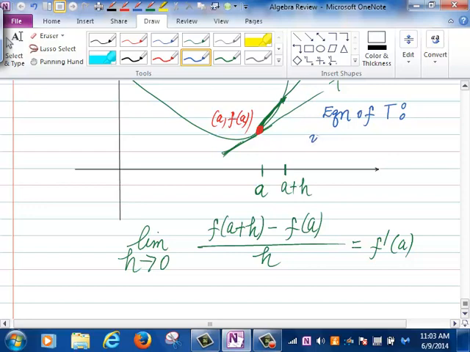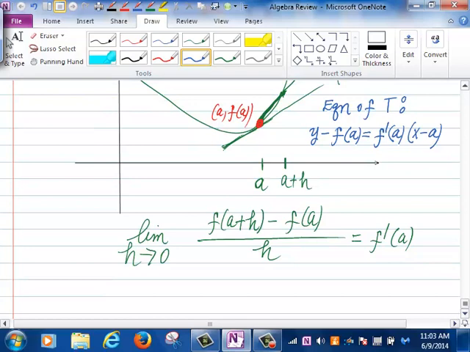So it is y minus f of a equals the slope, f prime of a, multiplied by x minus a, right? That's the equation of the tangent at a. Are we doing okay with that?